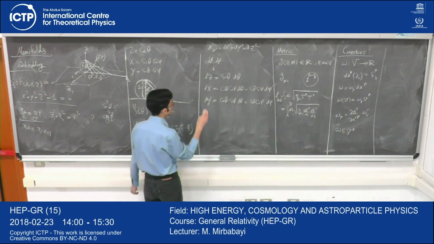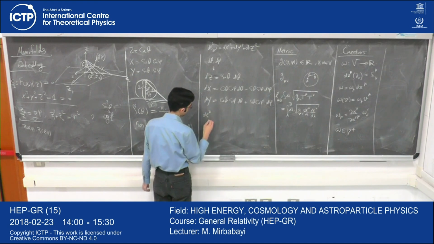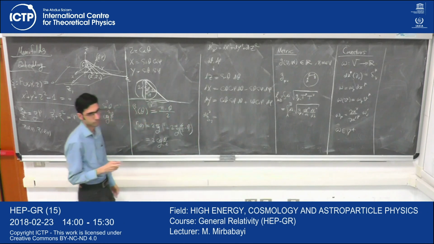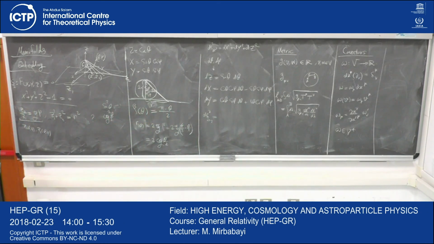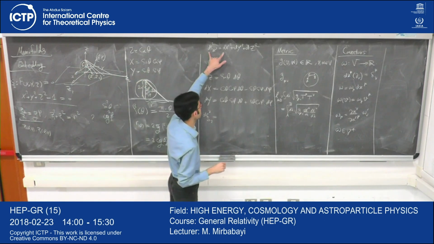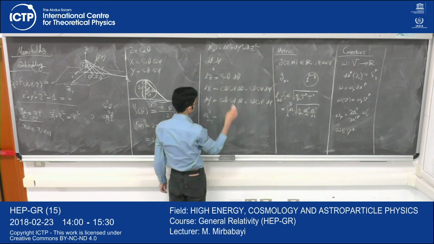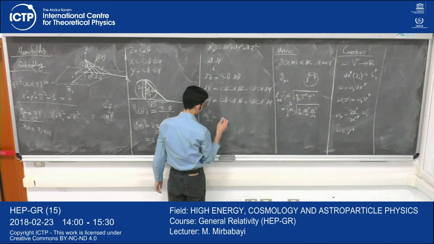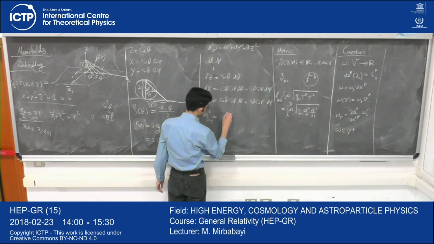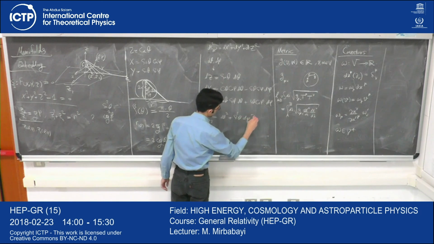I can just plug this in there to get the induced ds squared on the manifold. So the length of this little displacement on my manifold is induced by the length element in the embedding space. If I just plug these things in, not surprisingly, what I get is d theta squared plus sine squared theta d phi squared.